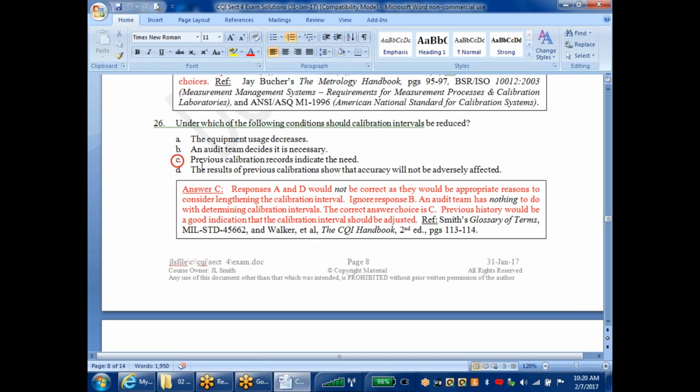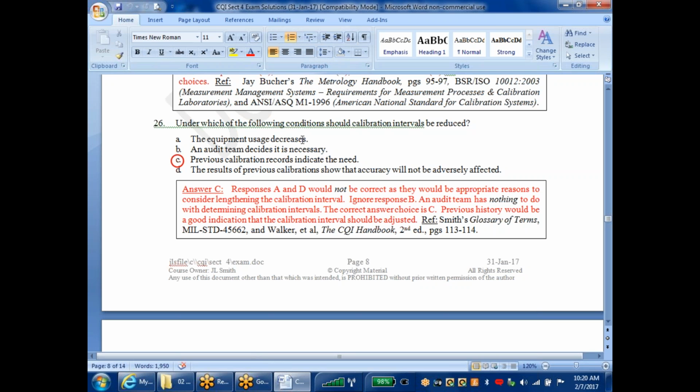26, under which of the following conditions should calibration intervals be reduced? Again, this is a little bit like an earlier question, but when we closely examine the answer choices, A and D really are talking about situations where you would lengthen or expand the interval, like the equipment usage decreases.